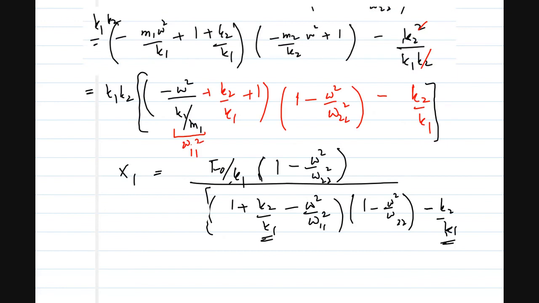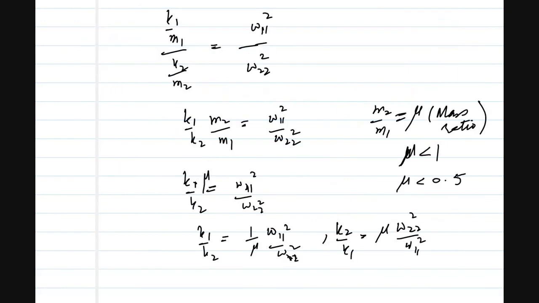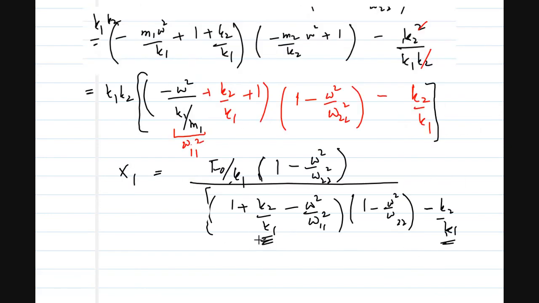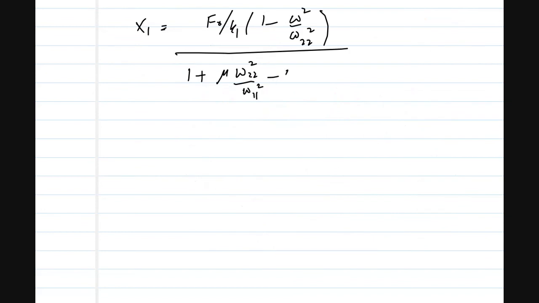okay, so x1 is f naught over k1 into 1 minus omega square over omega 2 square, divided by, okay, so what is k2 over k1? It's 1 plus k2 over k1, which is mu omega 2 square over omega 1 square, this is the value of k2 over k1, minus omega square over omega 1 square.